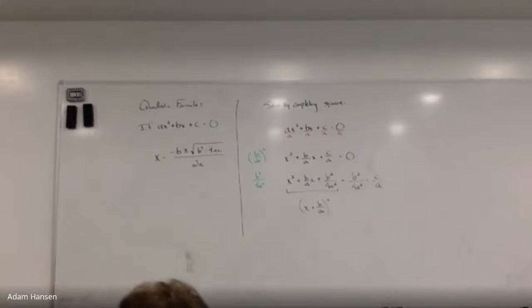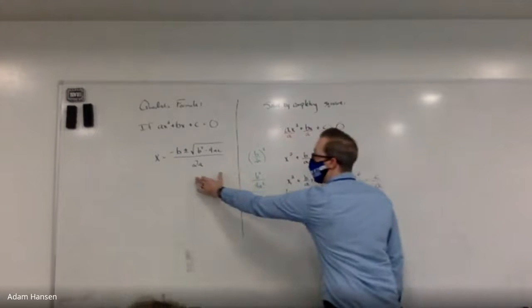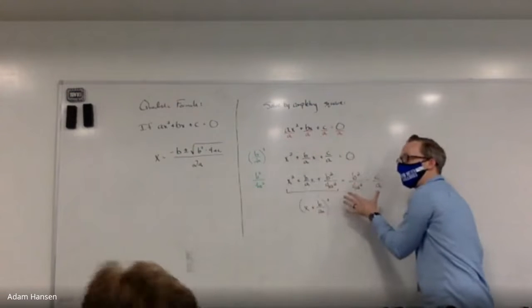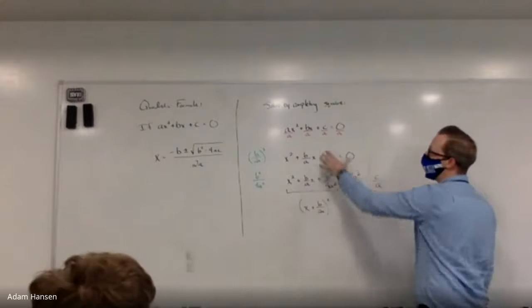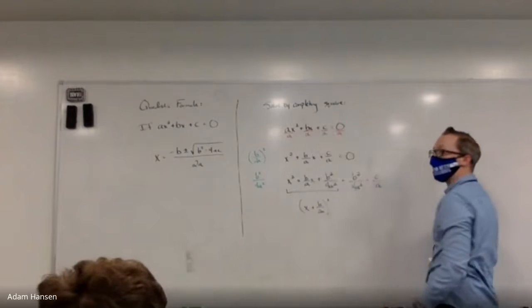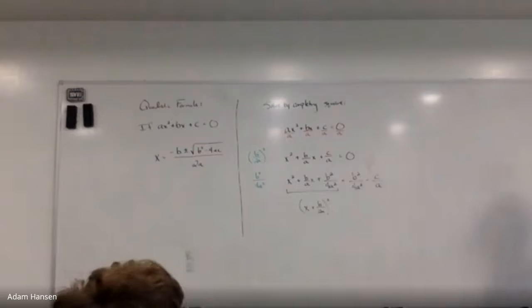I'm not going to ask you to memorize it. I just want to show you where this comes from. All I want you to know is this: I want you to see that this isn't just a magical formula pulled out of nowhere. It has context in solving by completing the square. So are a, b, c supposed to be...? They're just the numbers from the equation, yes.